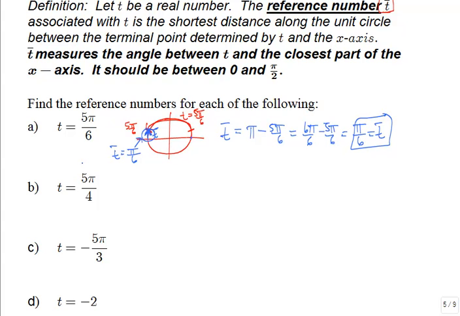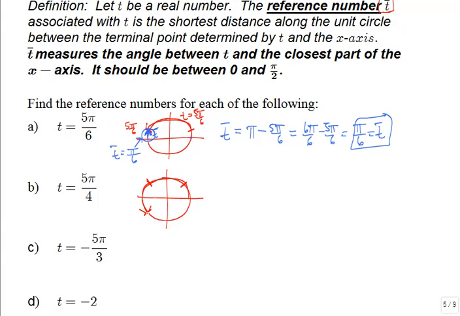Okay? Let's try another example. Suppose we wanted t to be 5 pi over 4. First you want to locate where that stopping point is. So 5 pi over 4, here's 1 pi over 4, here's 3 pi over 4, here would be 5 pi over 4. So 5 pi over 4 means we're going to go all the way to here.